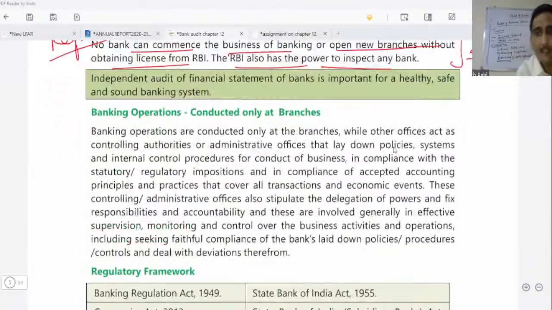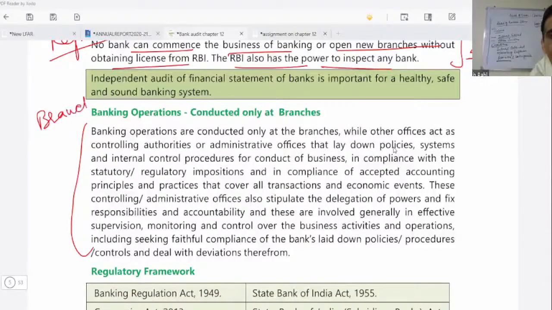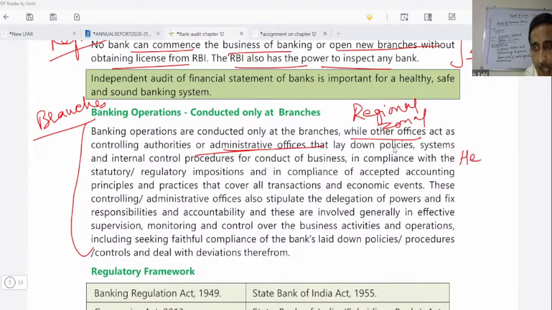Okay, and this we had understood that banking operations are carried out at branches only. And there are back offices. Back offices are controlling authorities, administrative offices, regional offices, zonal offices, head office, HO, which lays down the overall policy of the bank, what should be the position of delegation of powers.